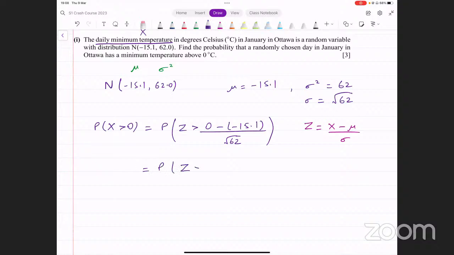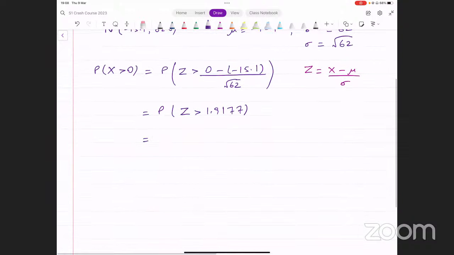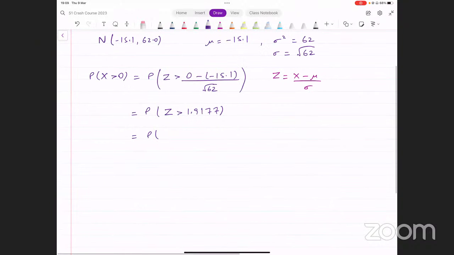You get z greater than something. Let's figure this out. This would give you 1.9177. Now remember, in the table, the values of z are to 3 decimal places maximum. You can't have more than 3 decimal places. So before you use the table, you should round it off to 3 decimal places so that it becomes z greater than 1.918.